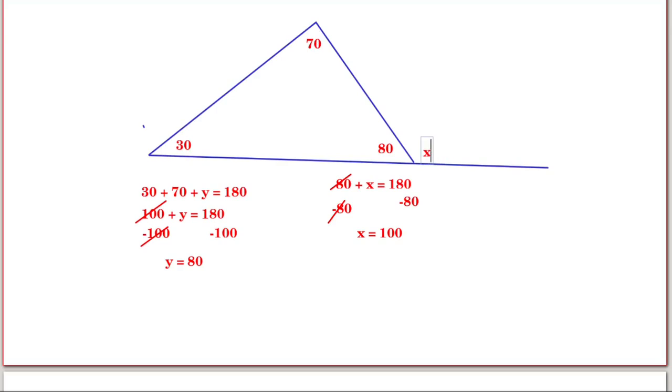So if this was my x, I could have just written x is equal to the sum of the interior opposite angles, these two. So they are 30 plus 70, giving me 100. That's actually a theorem.